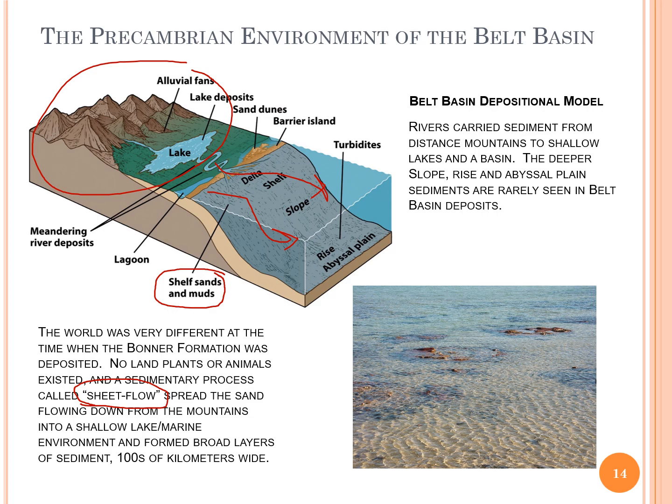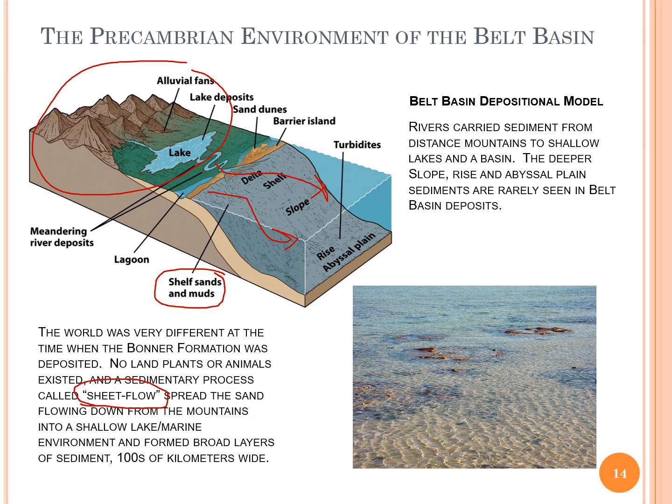So many of these sheet flows would have produced really otherworldly looking areas of broad sand coming down from mountains with no plants on them onto shallow plains with no plants, and it would have been a very different look. Areas of sand flowing as broad sheets, maybe hundreds of kilometers wide. It's extremely difficult for us to even imagine what that would look like.